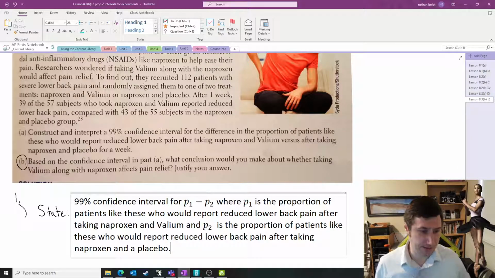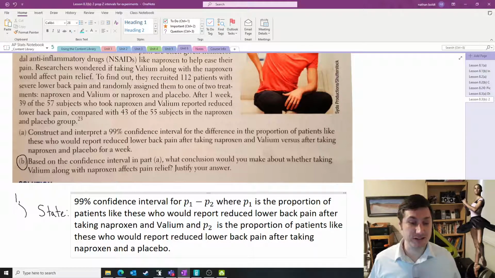Nice and long, but mostly that is all just straight context from the problem.